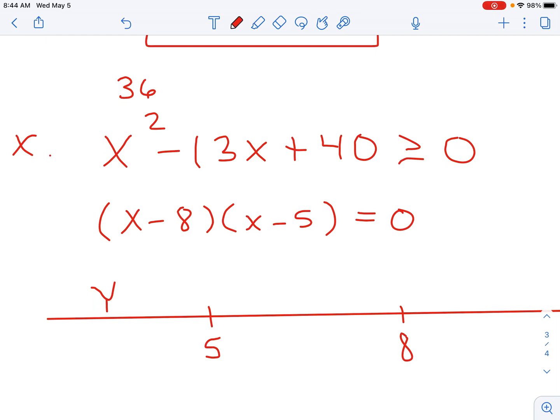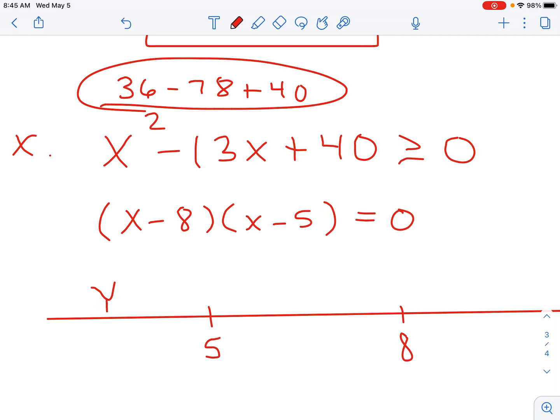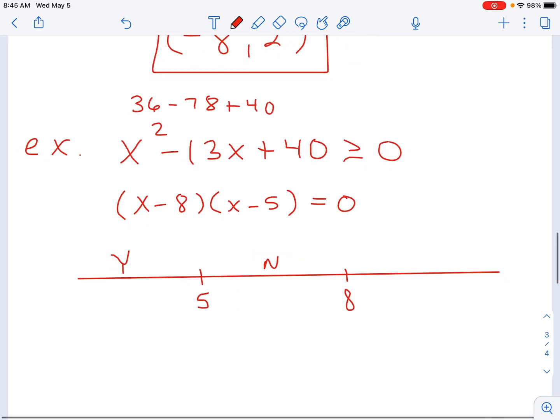So 6 squared is 36, and then 13 times 6 would be 72. Whoop, I'm sorry, 78. Plus 40. Okay, so that is going to be a negative number. And since that is a negative number, that is not greater than 0. So that is a no.